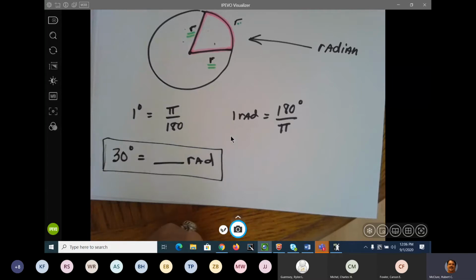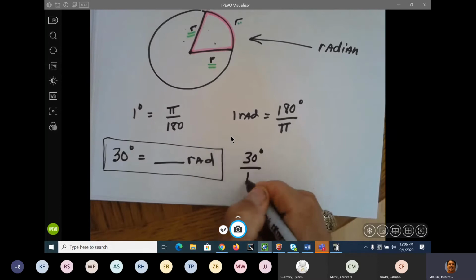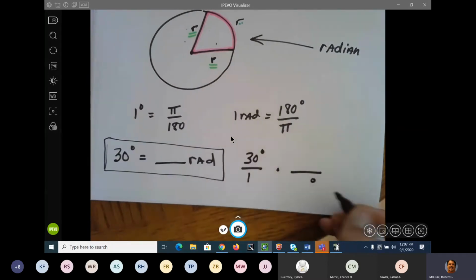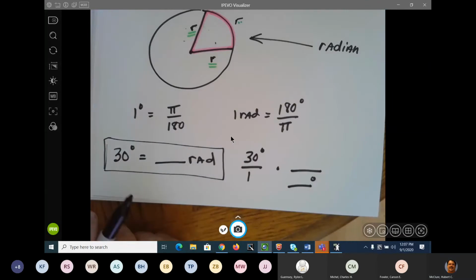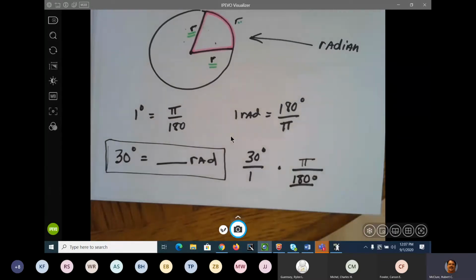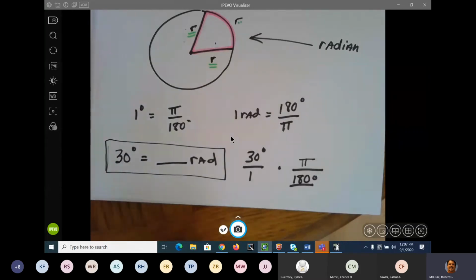Degrees. So I'm going to put 30 degrees over 1, and I've got to have degrees in the bottom to cancel. Well, there's only one, and that's pi over 180, because that one has degrees in the bottom. And now you just cancel the degrees.